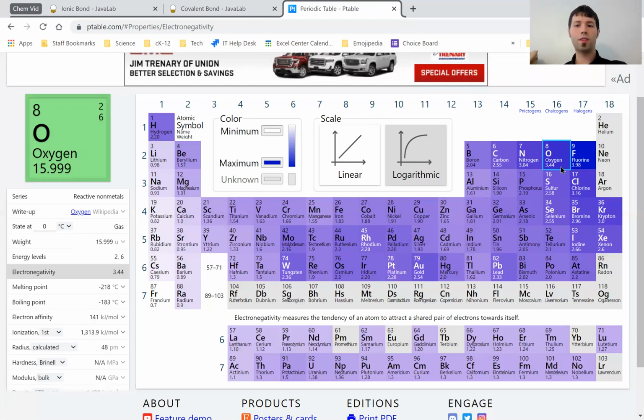So remember, if it's 2 or more, it's ionic. If it's less than 2, it's covalent. If it's around 2, it's kind of unsure, and I'm not going to give you any of those examples. Since the difference between oxygen and hydrogen is considerably less than 2, they will form covalent bonds. In other words, they will share electrons rather than stealing electrons.